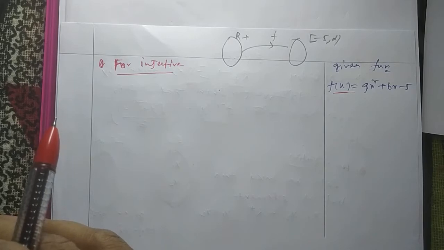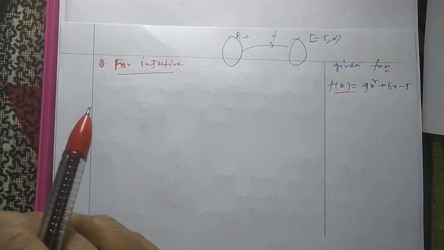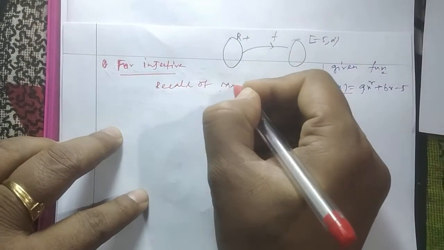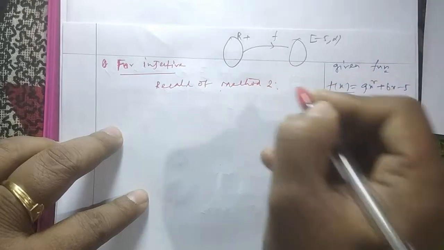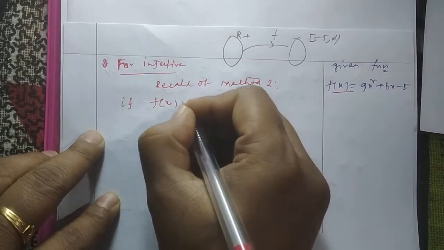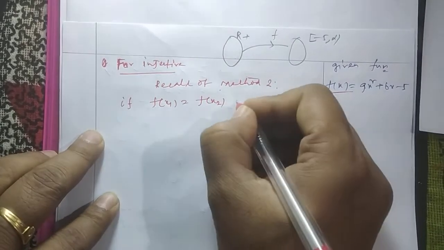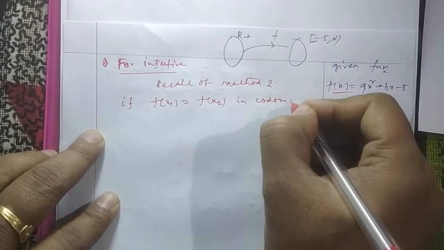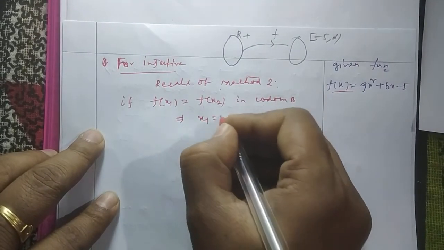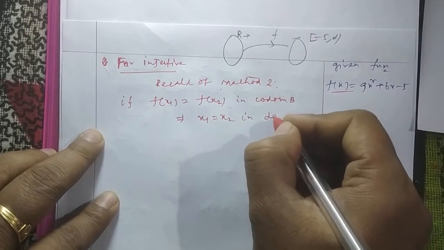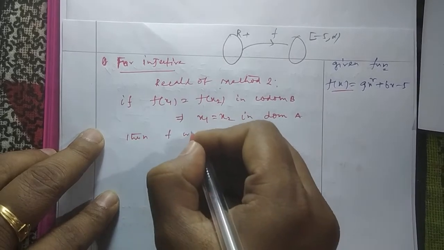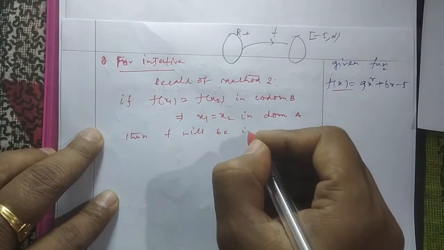Now let us recall once again what method 2 was. Recall of method 2. Correct? If f of x1 equal to f of x2 in codomain B implies x1 equal to x2 in domain A, then f will be injective.